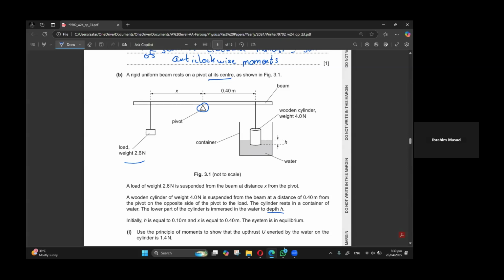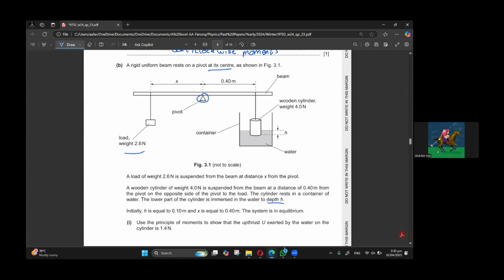The wooden cylinder of weight 4 Newton is suspended from the beam at a distance of 0.4 meter from the pivot on the opposite side of the pivot to the load. The cylinder rests in a container of water. The lower part of the cylinder is immersed in the water to depth h.